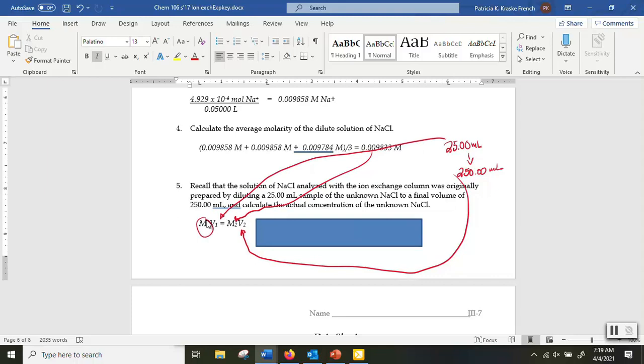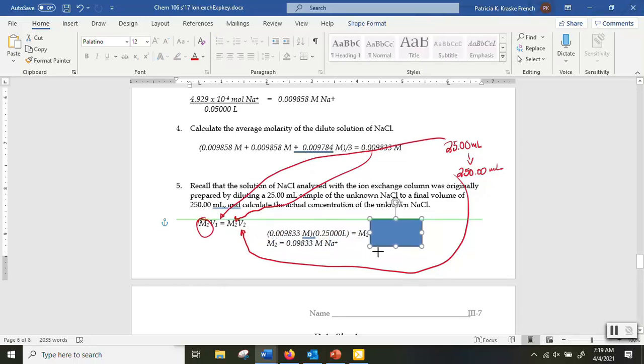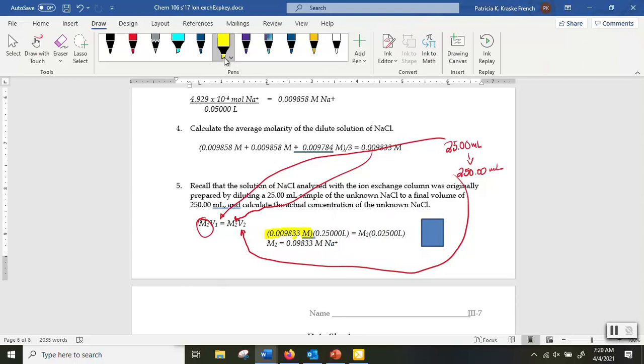So all we're solving for now is M1. We take our M2 times the second volume, which was 250 milliliters or 0.250 liters, and that equals M1, which we're looking for, times the 25 milliliters that we originally used.